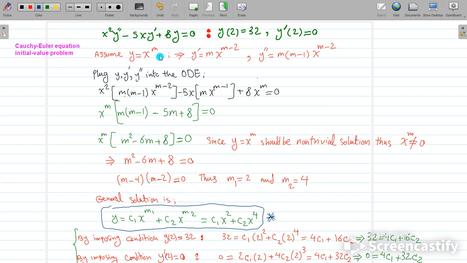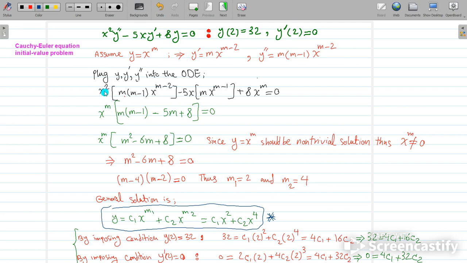By substituting y, y prime, and y double prime in the first line of the equation, we will get something like this line, and everything is clear in this line.